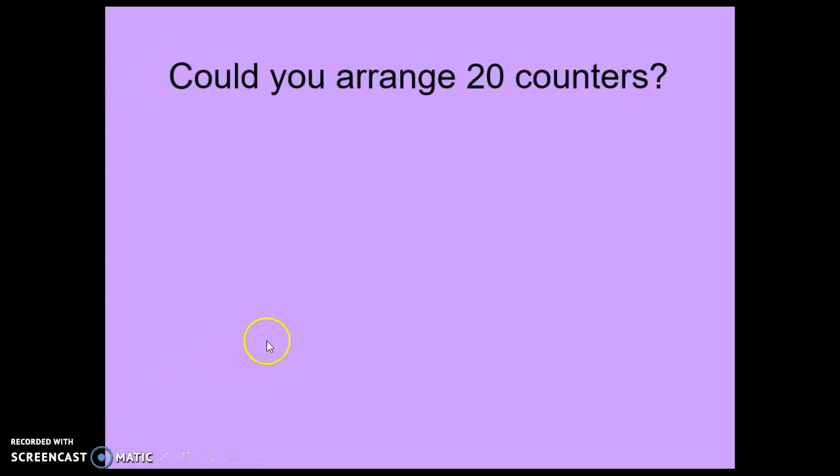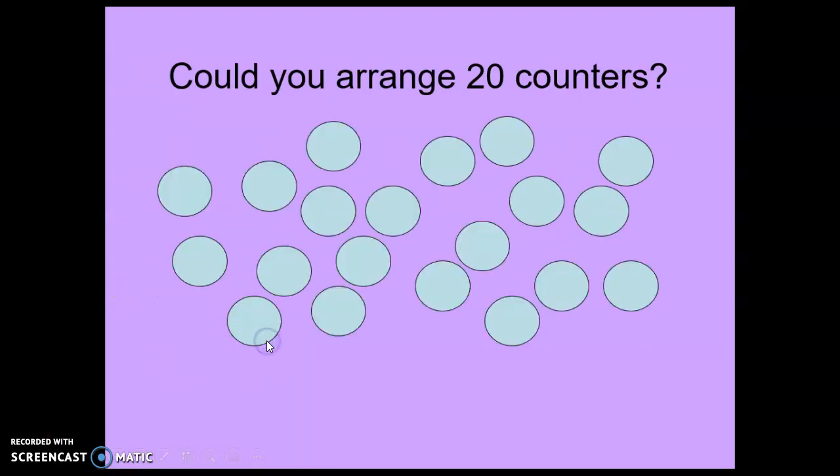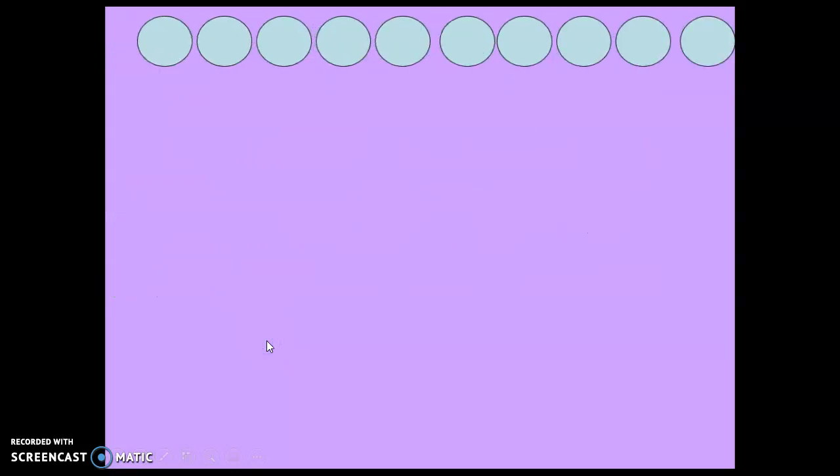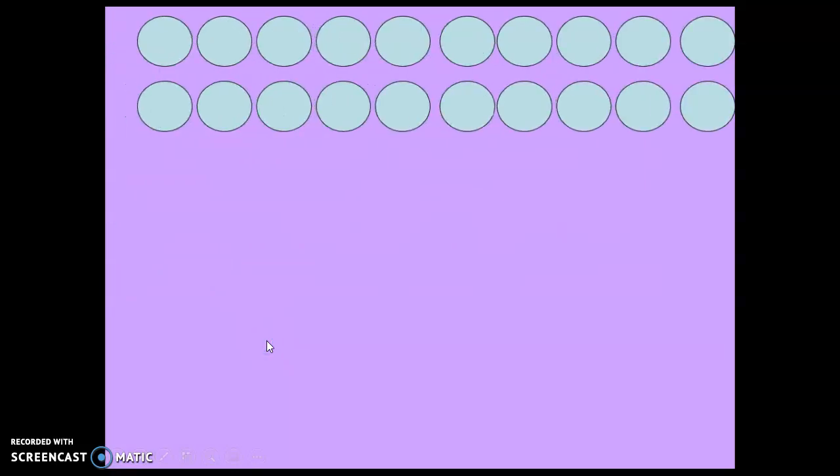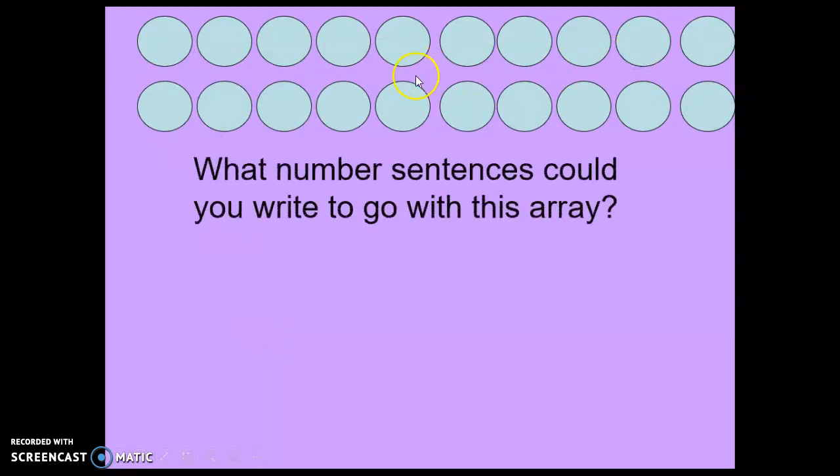What about 20 counters? Right, if we were looking horizontally, 1, 2, 3, 4, 5, 6, 7, 8, 9, 10, and we've got 2 rows, or we've got 10 rows of 2.